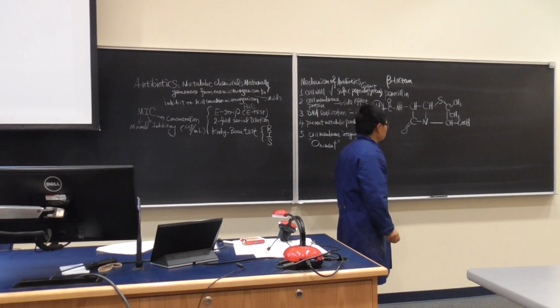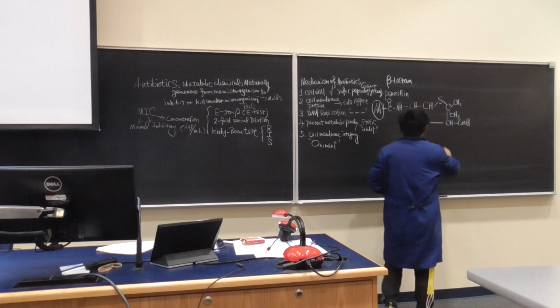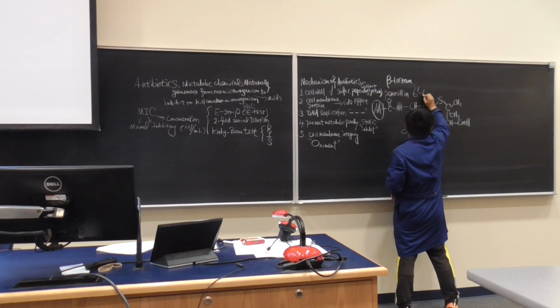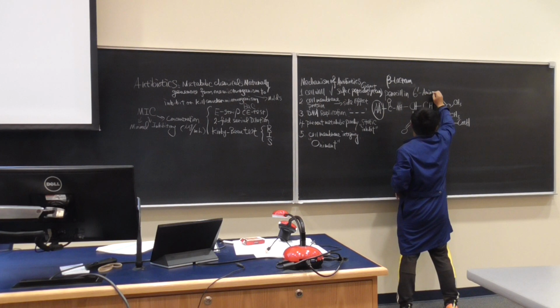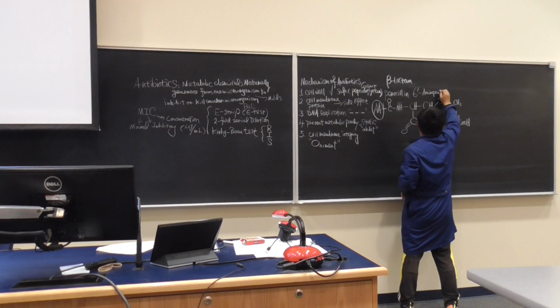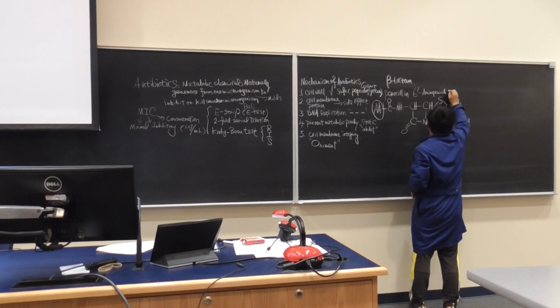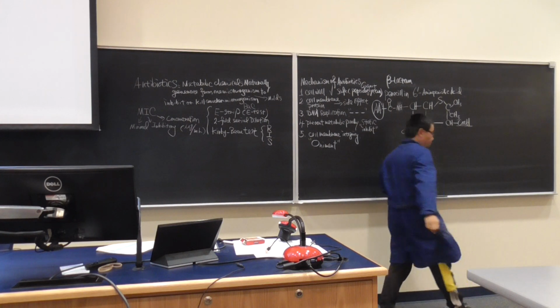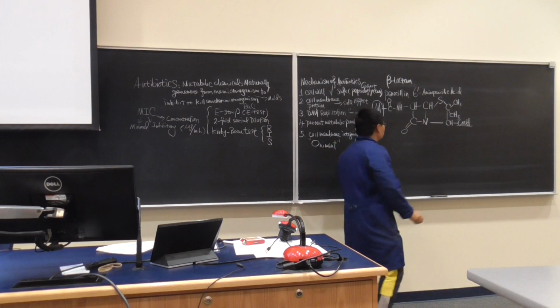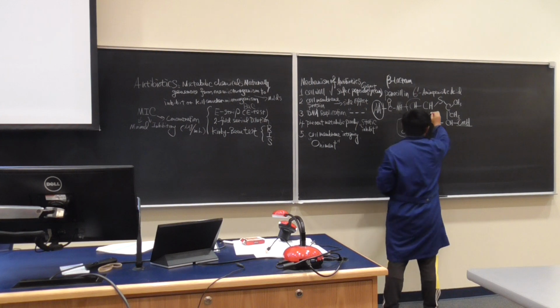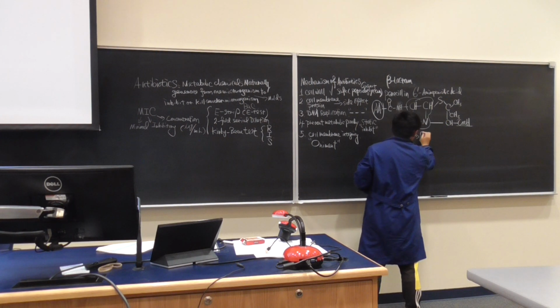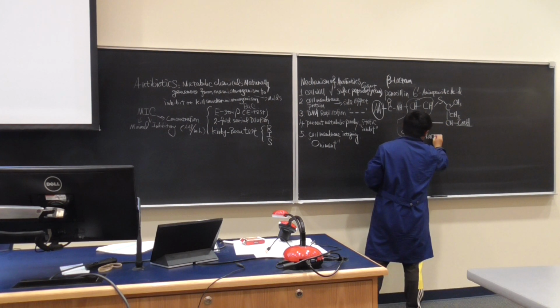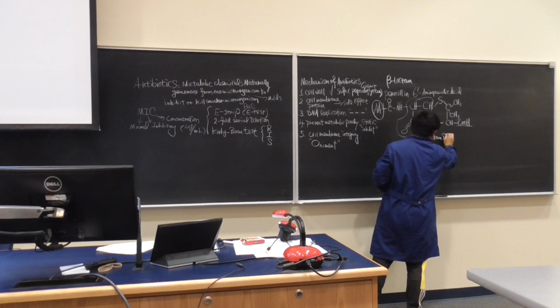In this structure, we say this penicillin is 6-aminopenicillanic acid, because it is an acid. The key point here is this beta-lactam ring.